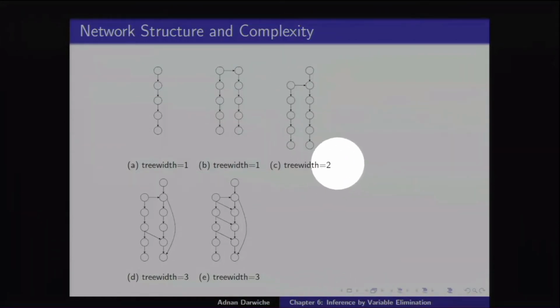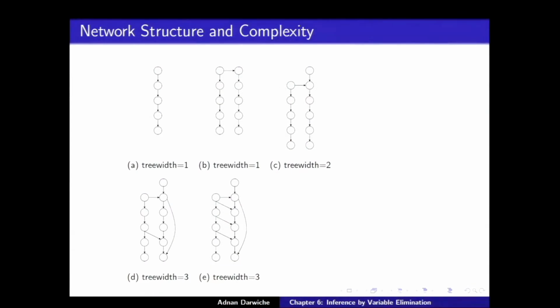So look what happens here. I added some more loops. Treewidth is 3. I added more loops, but treewidth is still 3. So treewidth is not exactly a function of the number of loops. It's a little bit more. We will know more about it later when we talk about the next inference algorithm.